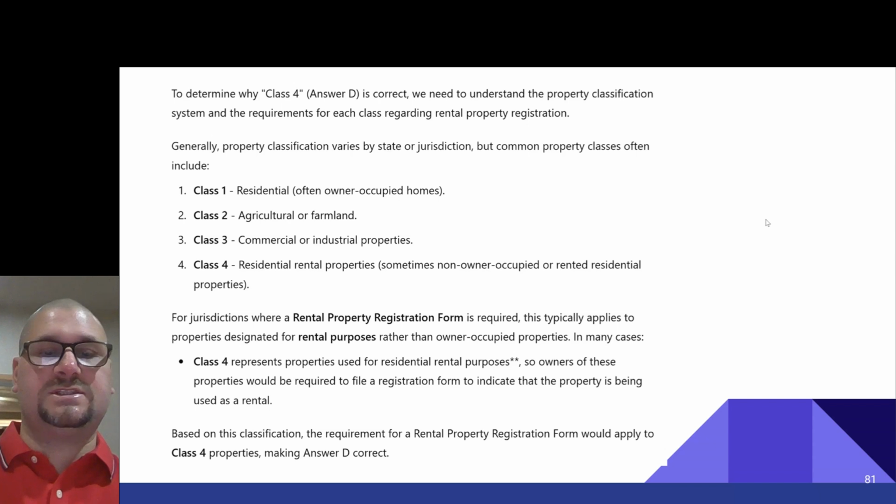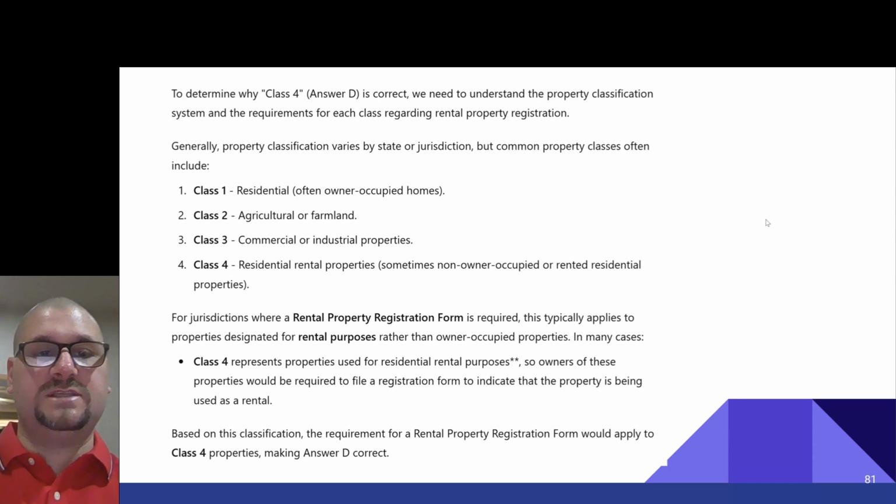So for jurisdictions where a rental property registration form is required, this typically applies to properties designated for rental purposes rather than owner-occupied properties. In many cases, Class 4 represents properties used for residential rental purposes.